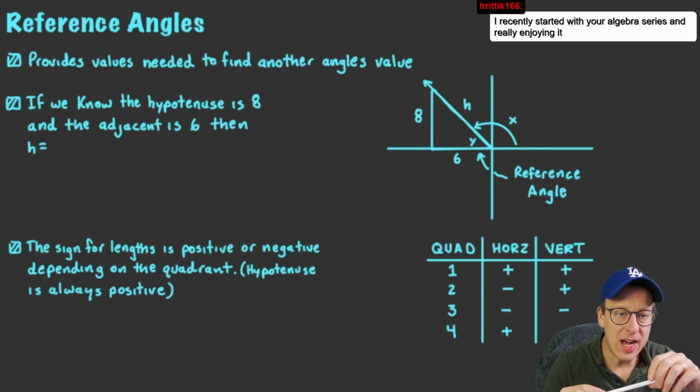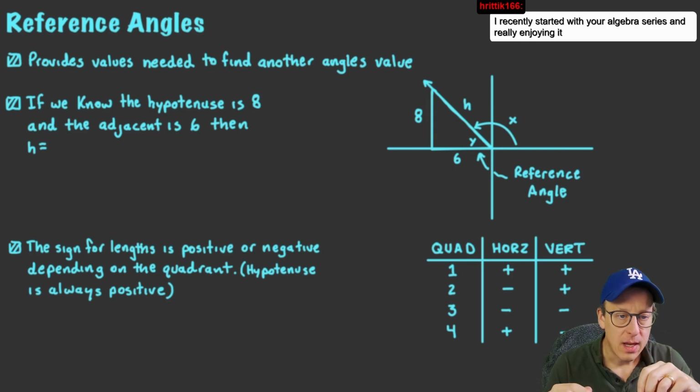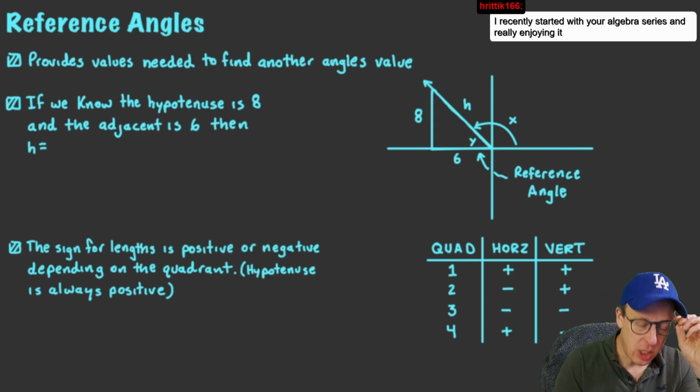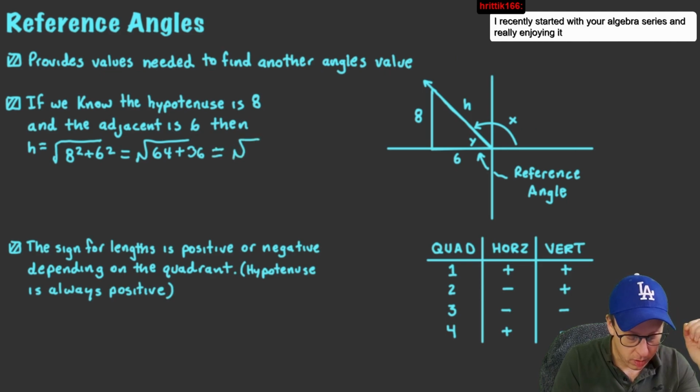And they are going to provide the values needed to find another angle's value. So in this circumstance, if we know the hypotenuse is 8 and the adjacent is 6, then we know that h is going to end up being equal to the square root of 8 squared plus 6 squared. See, it's the same formulas over and over again. 64 plus 36, which is equal to the square root of 100, which is going to give us a value of 10.